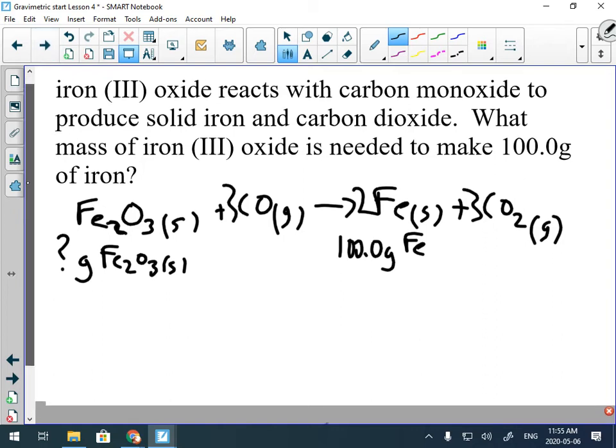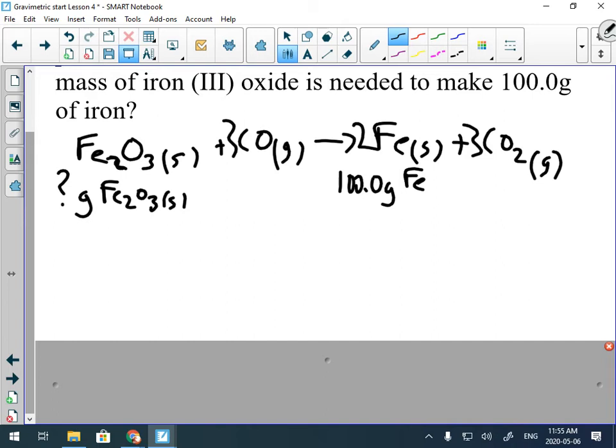So we need the molar mass of iron 3 oxide: 55.85, and there's 2 of those, and 3 oxygens. Excuse me. 159.70 grams iron oxide per mole iron oxide.